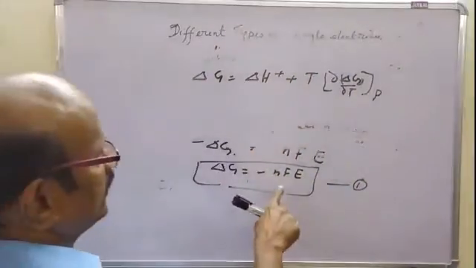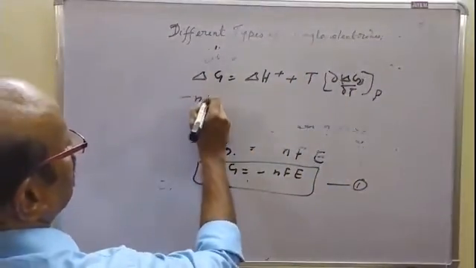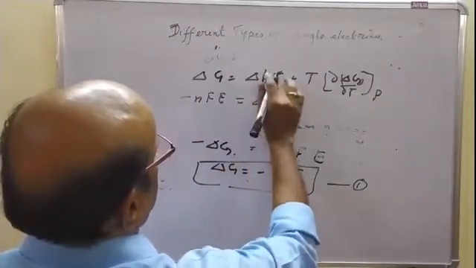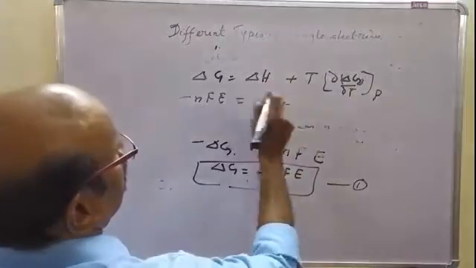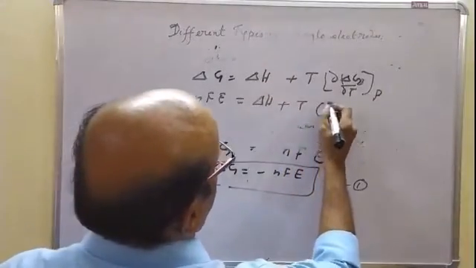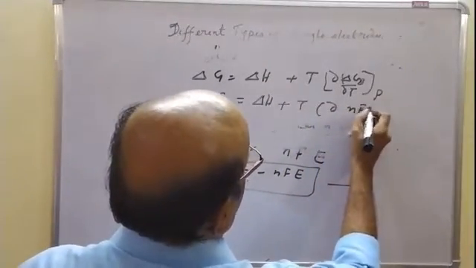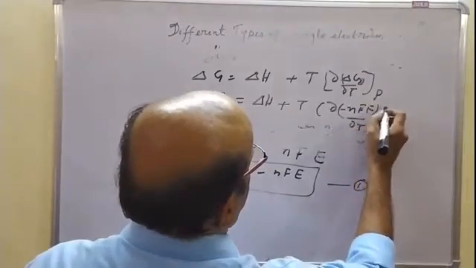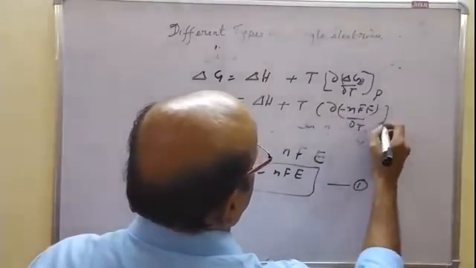So you put this equation, delta G is minus nFE: minus nFE is equal to delta H plus T into d(minus nFE) by dT at constant pressure.